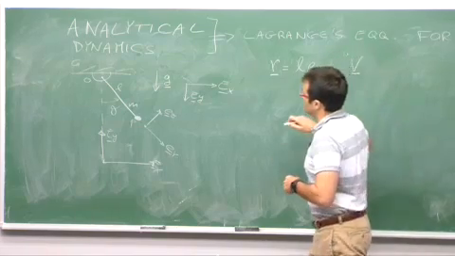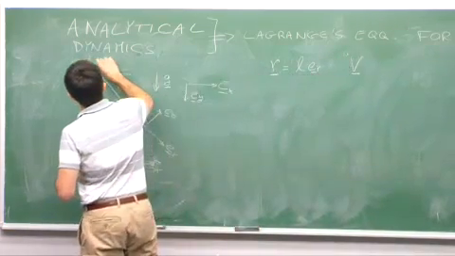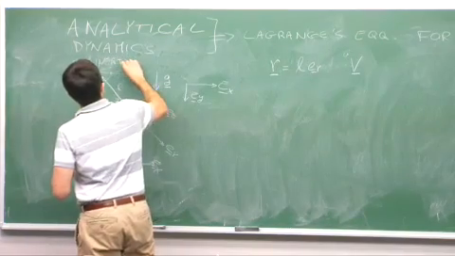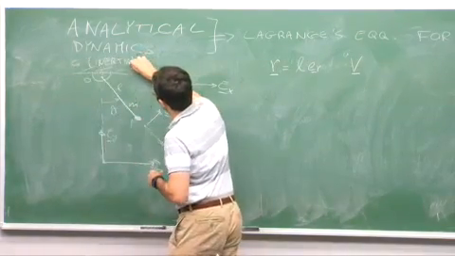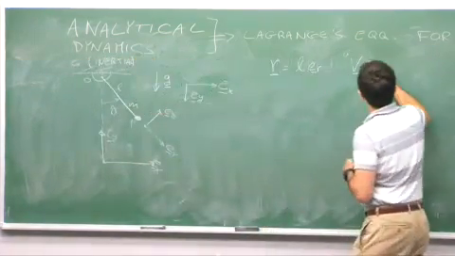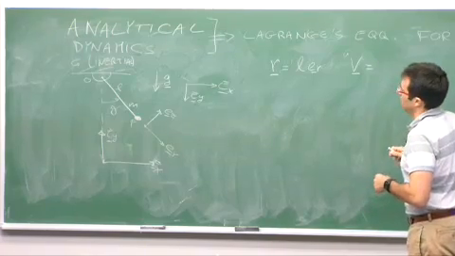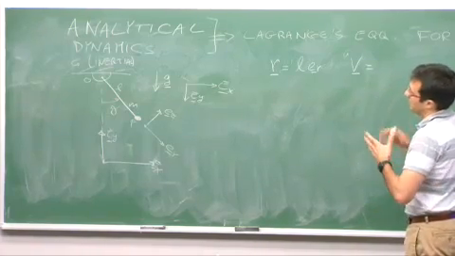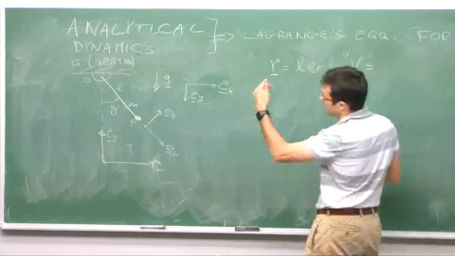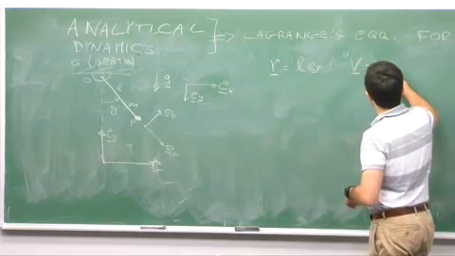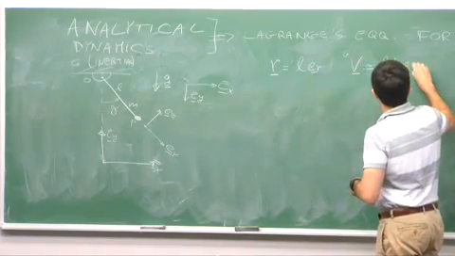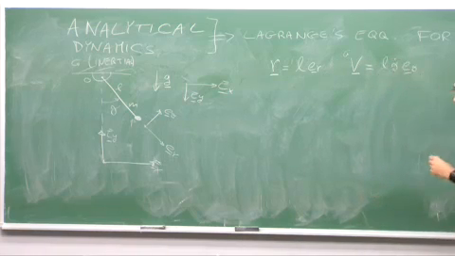And G is inertial, just to make sure. It's an inertial reference frame. So what is v of g? Let me not define the angular velocity. I know the angular velocity is theta dot e z, blah, blah, blah. It will be L theta dot e theta, right? Is that right? Okay.